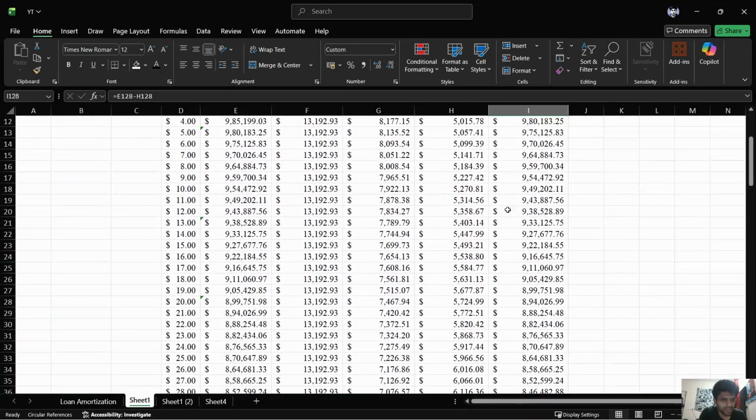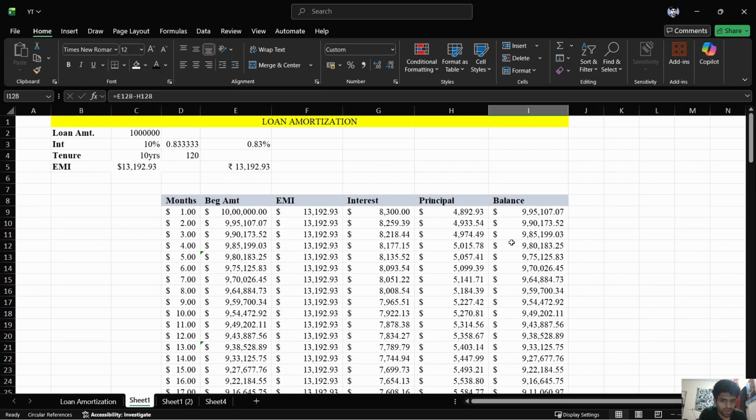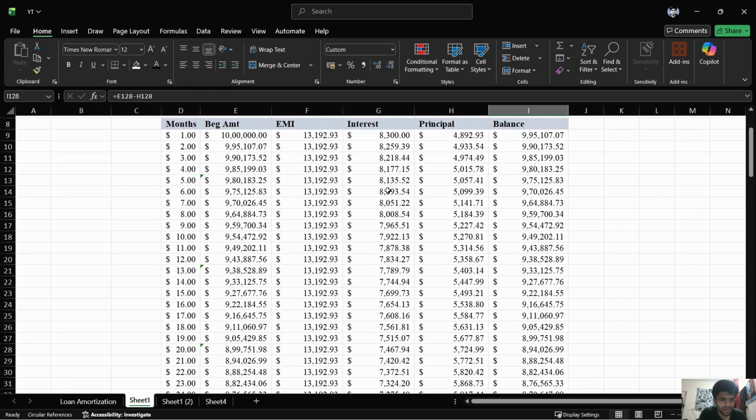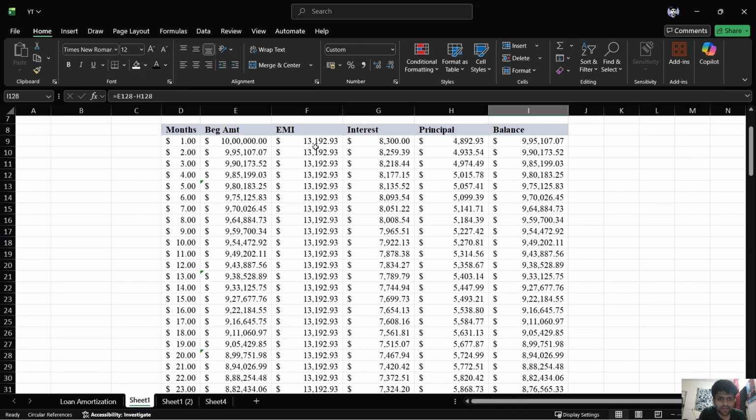What I've done is I've changed the rupee sign to dollars, and I've aligned all the values a little bit. So as we can see, what I was trying to tell you is, at the starting of the loan repayment period, our EMI consisted of two parts, interest and principal.